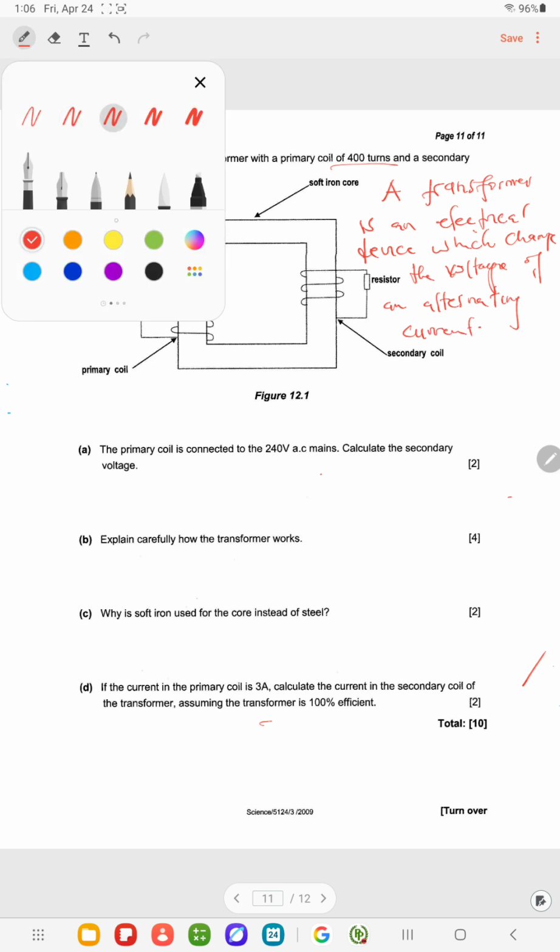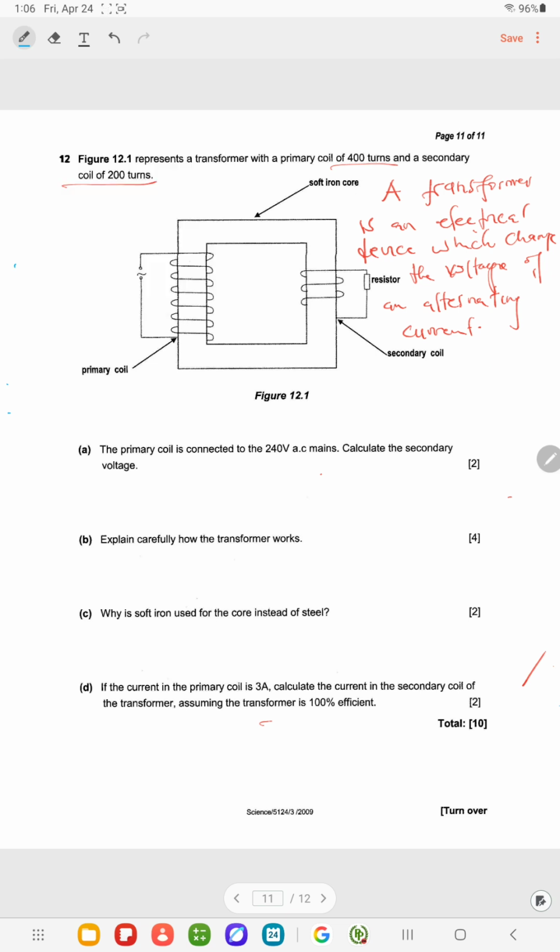So that's a transformer. Now this transformer operates under what we call mutual induction.